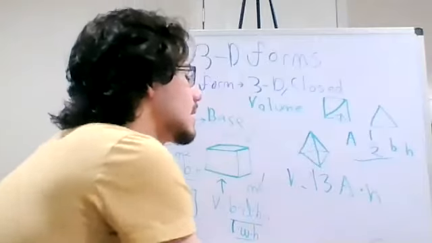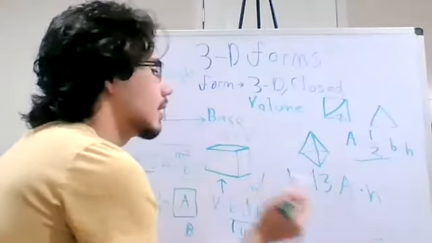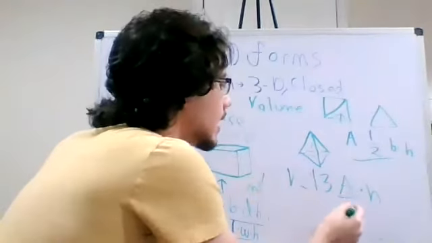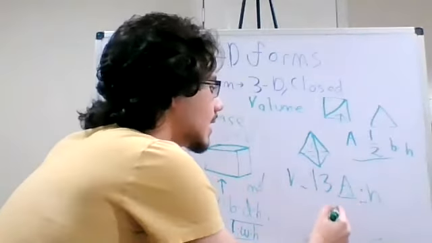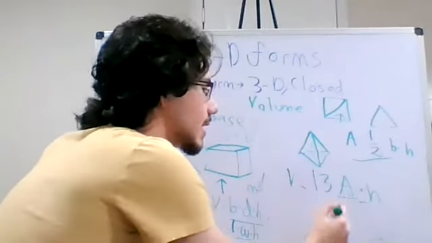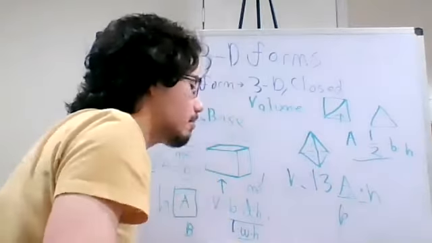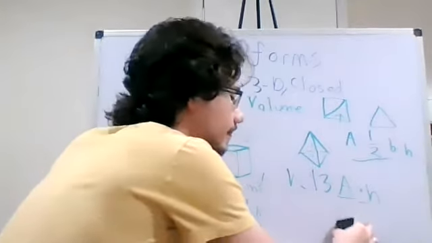But what we can tell is that this is similar to the square pyramid in a sense, because if we look, it uses area times height, and the area of the base of the rectangular pyramid will be comprised of base and depth.